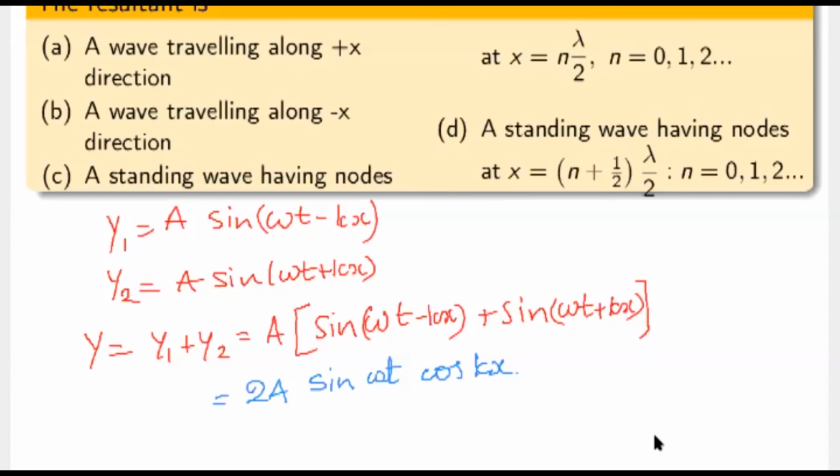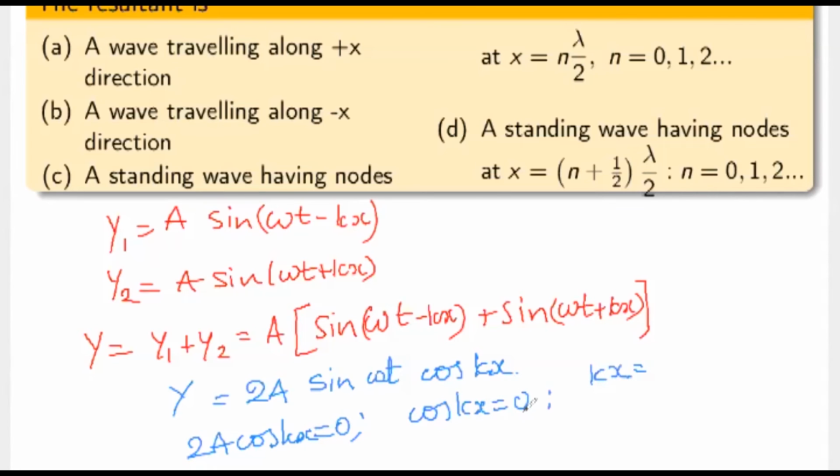So for node formation, we can make use of this displacement equation. Where do we find the nodes? Nodes means its amplitude must be 0. So 0 amplitude means 2 times a cos kx must be 0. This gives cos kx must be 0, which means what must kx be equal to? kx must be a multiple of pi by 2.